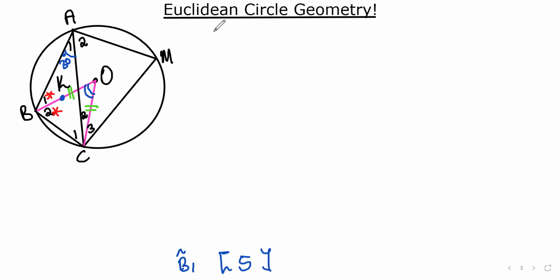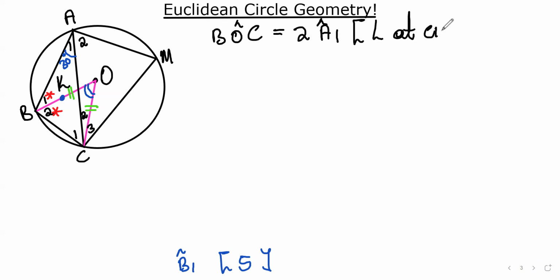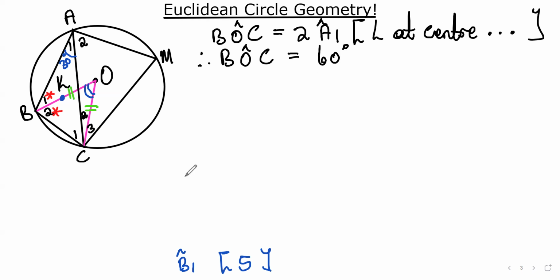We begin by saying angle BOC is twice as much as angle A1. Then we give a reason: angle at the center is twice the angle at the circumference, which means that angle BOC is simply going to be 60 degrees.